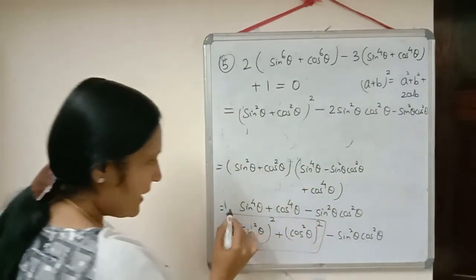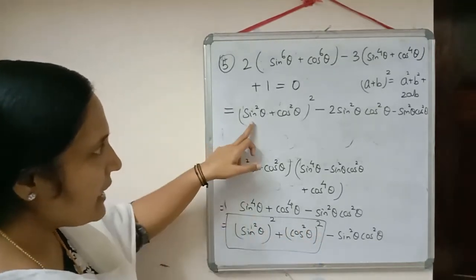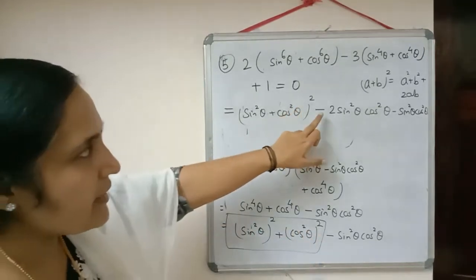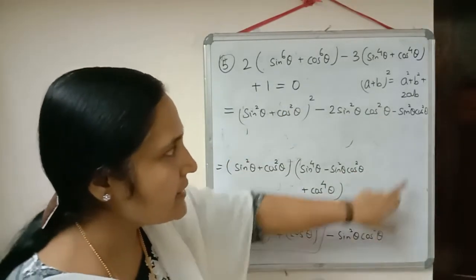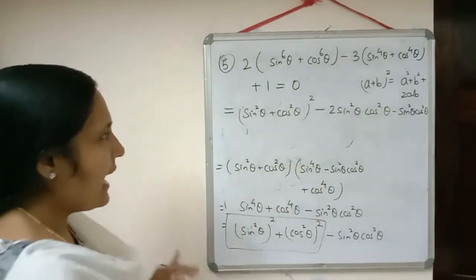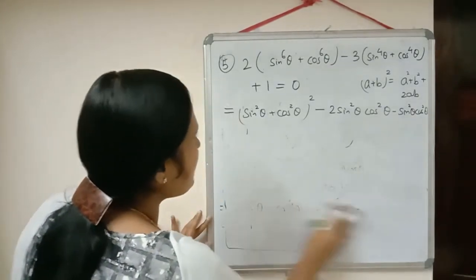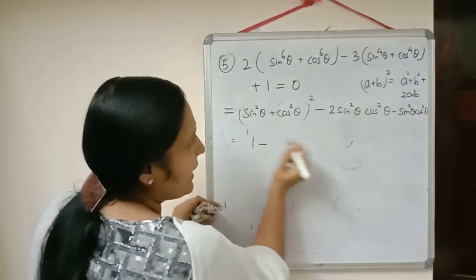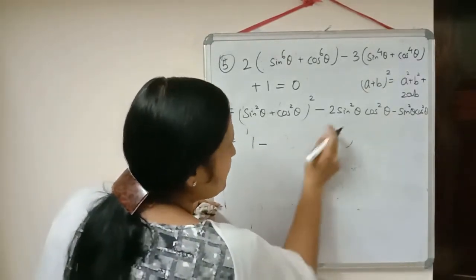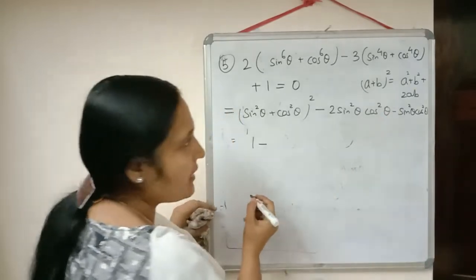This term a square plus b square we converted in the form of a plus b the whole square minus 2ab, and this minus sine square theta cos square theta is written as it is there. So now sine square theta plus cos square theta the whole square will be equal to 1, minus the remaining 2 sine square theta cos square theta minus sine square theta cos square theta.